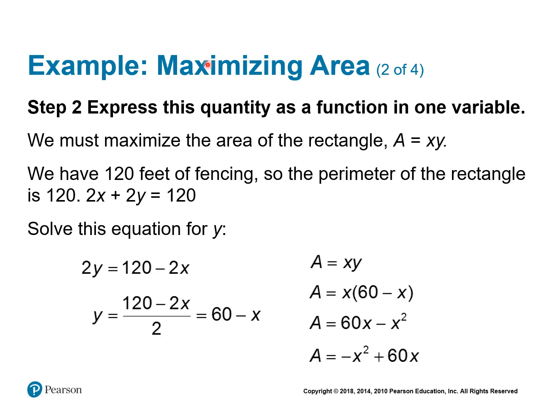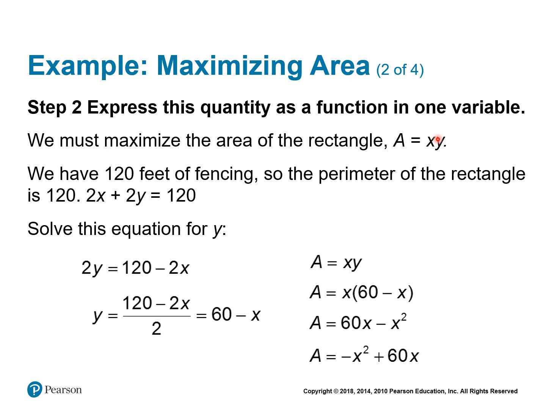Here we go into the next step, to express this quantity as a function in a single variable, because we represented the area as well as the perimeter in two variables, length times width, which was x times y. Area equals x times y.